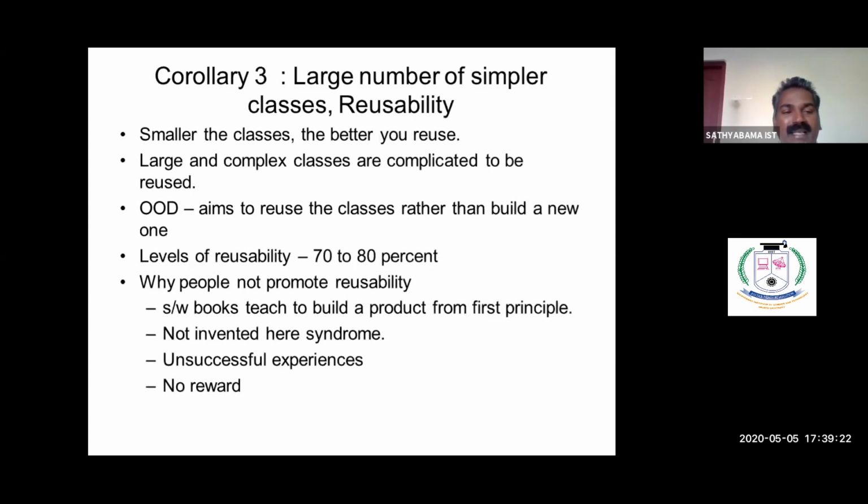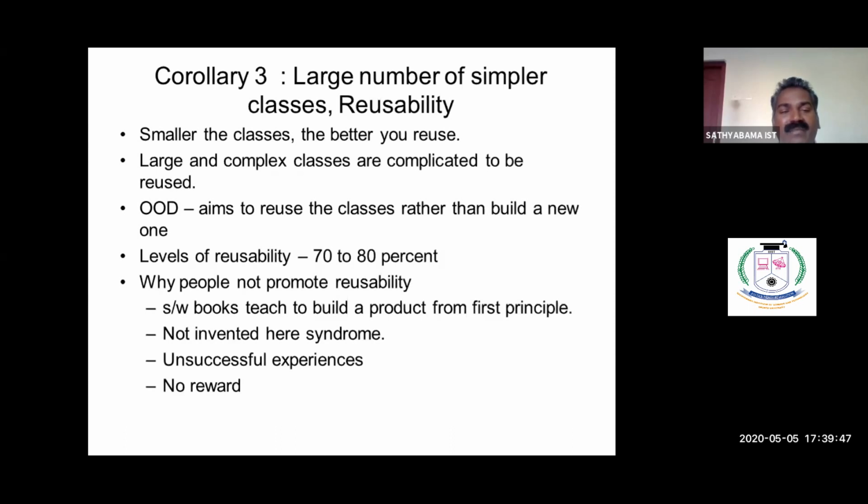The third corollary is a large number of simple classes, which is used to achieve reusability. Reusability is an important factor in object-oriented design because the benefit of reusability is reduced time, and we also get flexibility with the implementation.